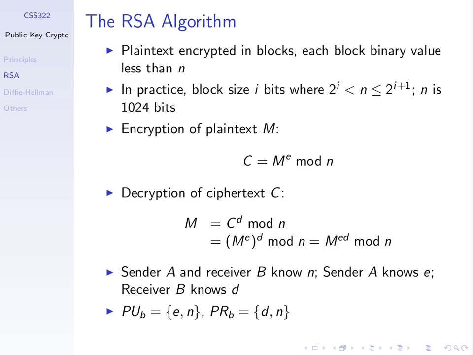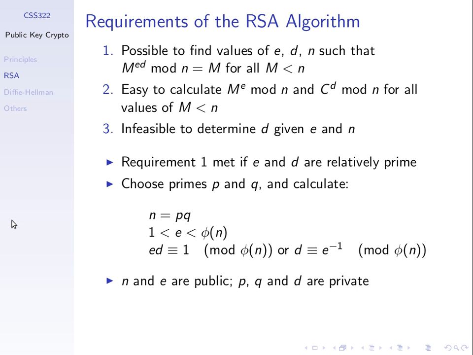And that leads us almost to our requirements for RSA. If we ignore the first 3 points and look at how the values of E, D and N are chosen: choose primes P and Q. Why?